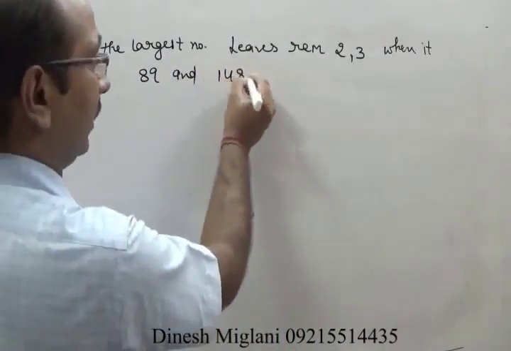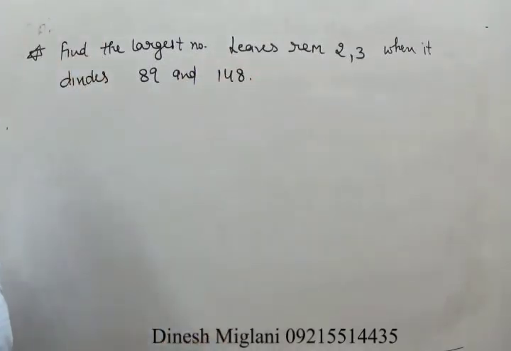When it divides 89 and 148, the remainders left are 2 and 3. We have to find such largest number.